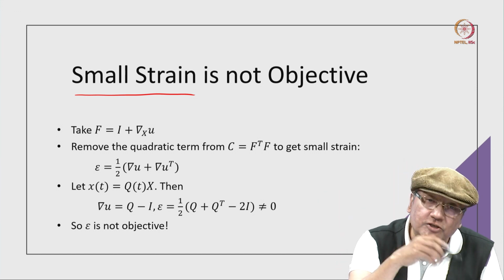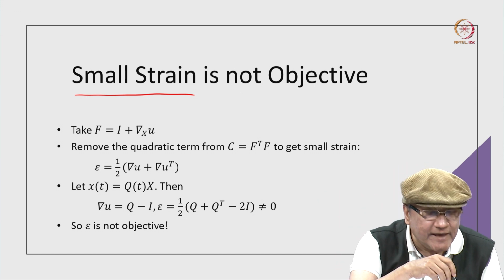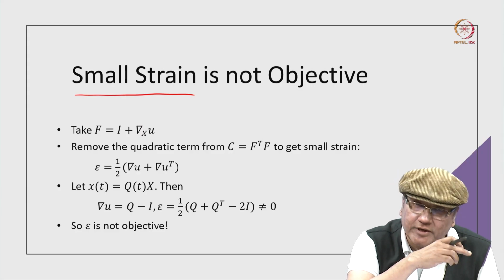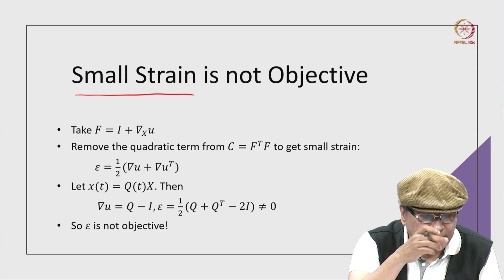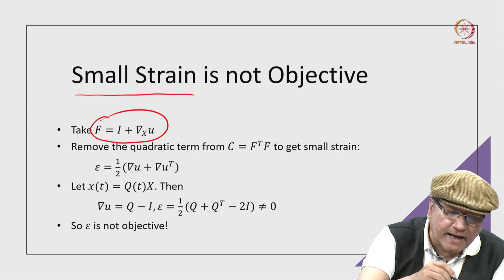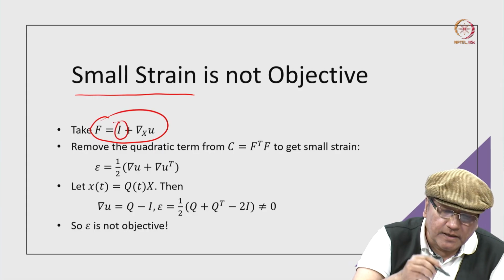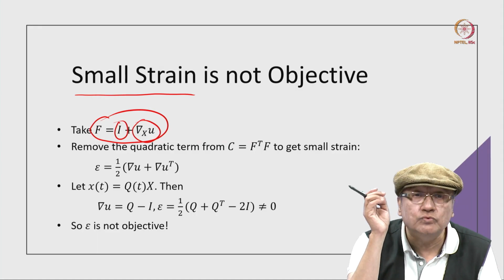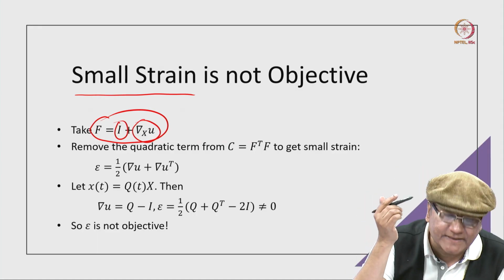So, U is a function on that body configuration. F is also a transformation from a vector taken from a tangent space on the body configuration to a tangent space on the same body configuration, and F is written as I, the identity tensor on the same configuration, plus grad of the vector U, which is basically the displacement vector, right.